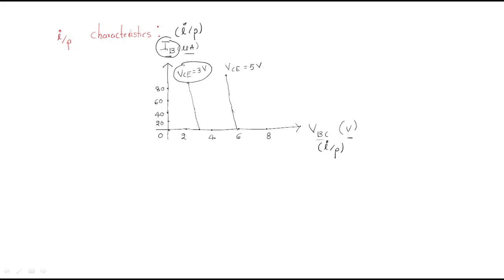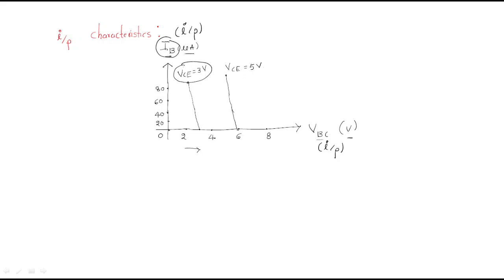If you slowly increase the voltage to 2 volts, you get a maximum of 80 microamps. When increasing slowly from 2 to 3 volts, the base current automatically decreases because it is a reverse biased junction.